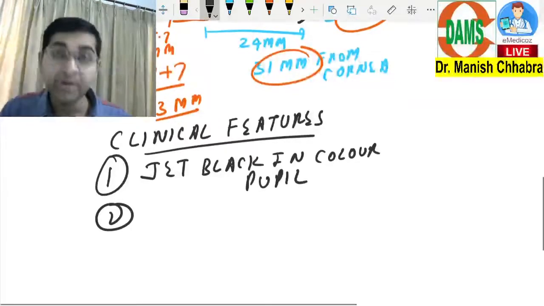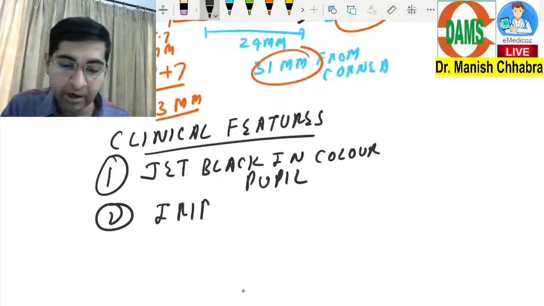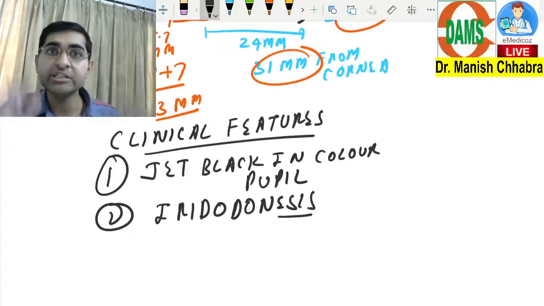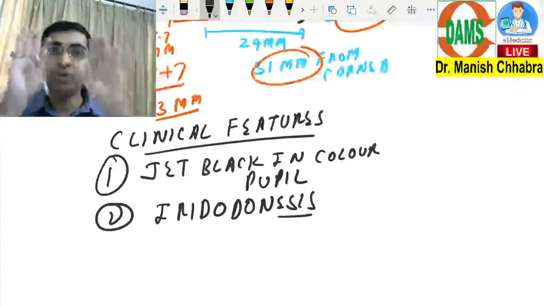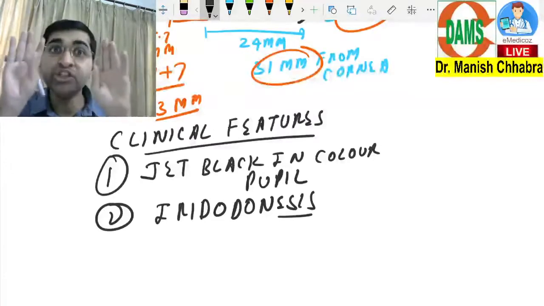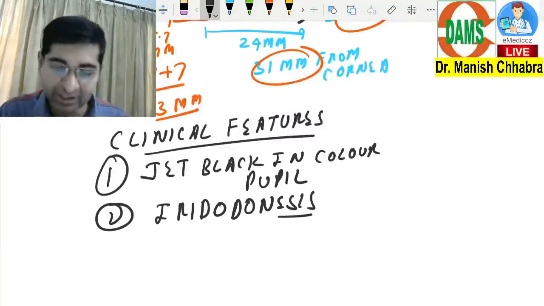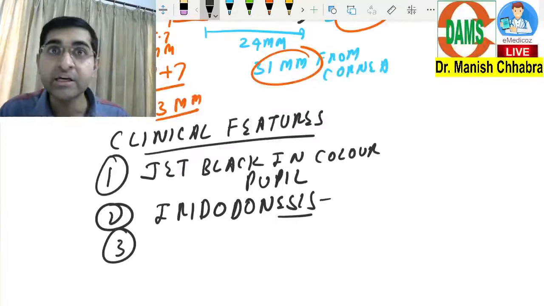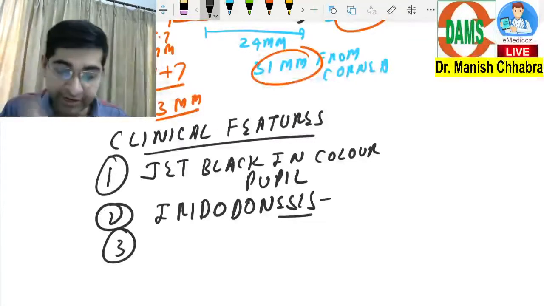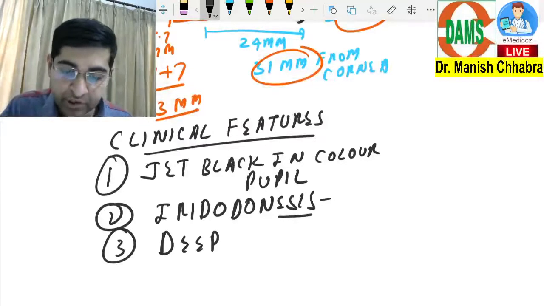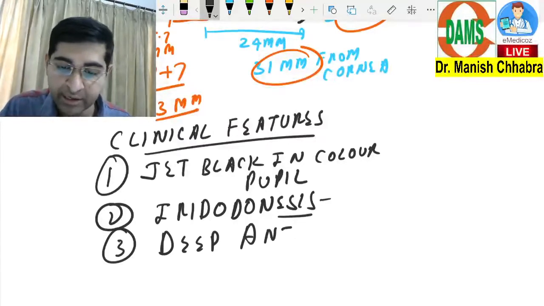Second, there will be iridodonesis. Iridodonesis is when the pupil constricts and dilates, there will be shaking tremors of the iris. That is known as iridodonesis. Third, the anterior chamber. What will happen to the anterior chamber? Deep or shallow? Quick. It will be deep.